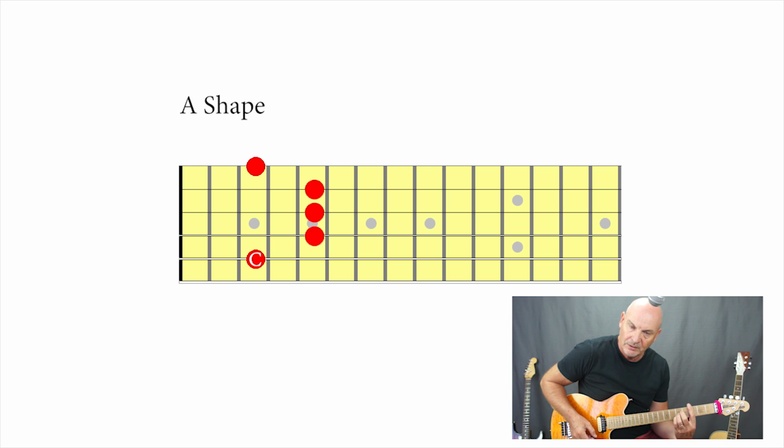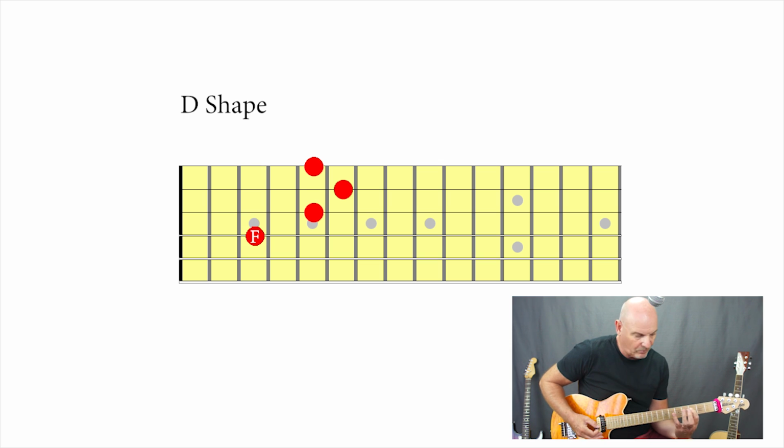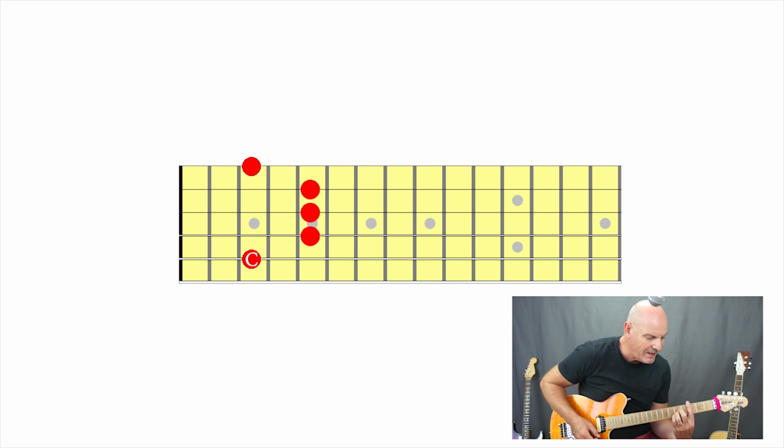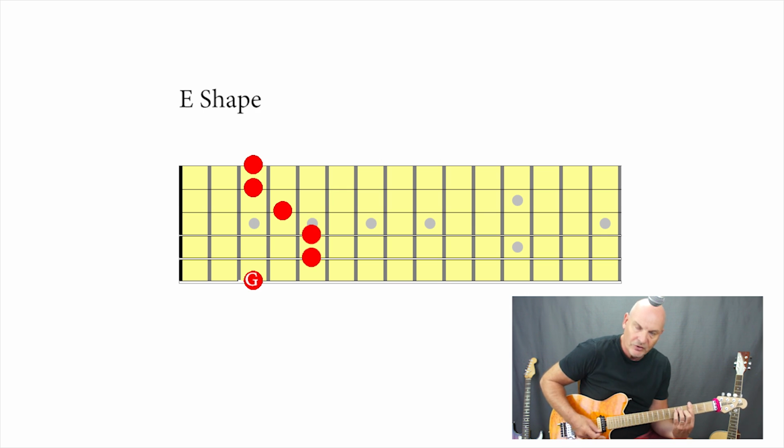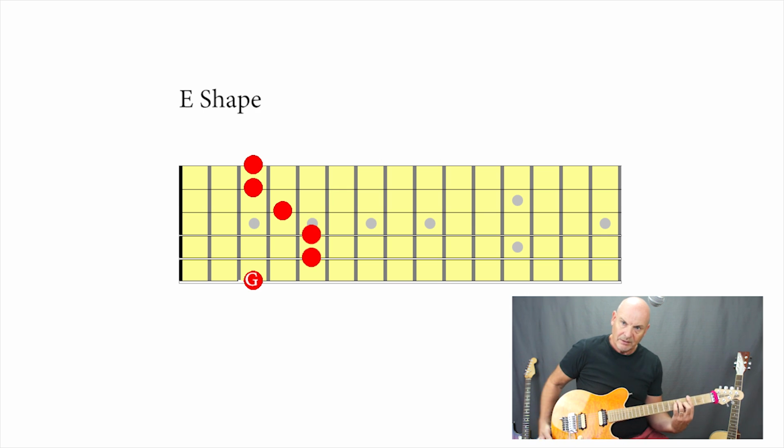Not a big jump. I could start the C in a different position. I could start the C here. And then we can look for different ways I can play the F. Well, because I've got an F note here on 3rd fret on the D, I could go across to here. So I get the C, F, and then to the G shape here.